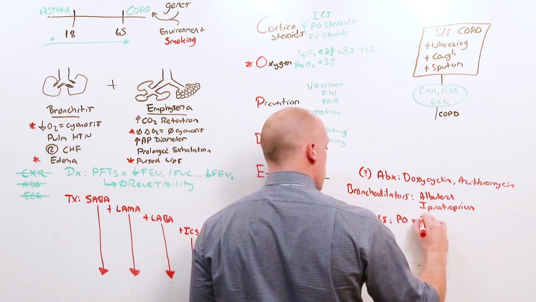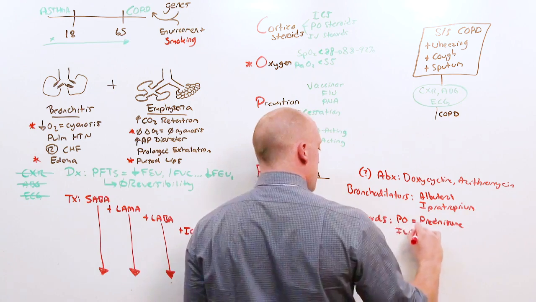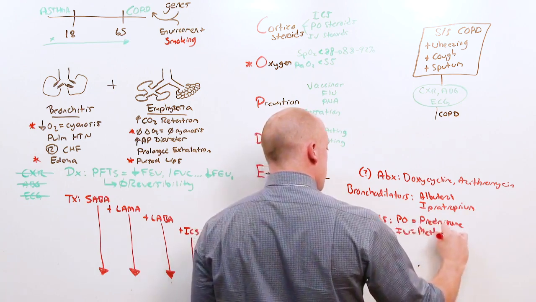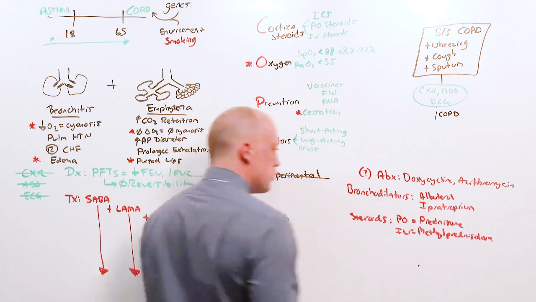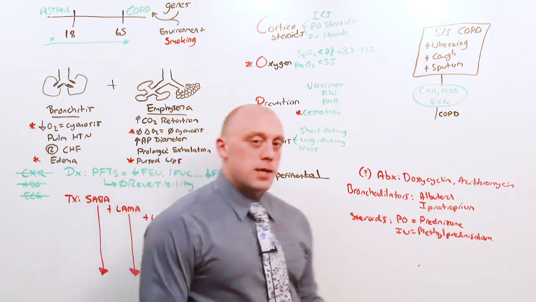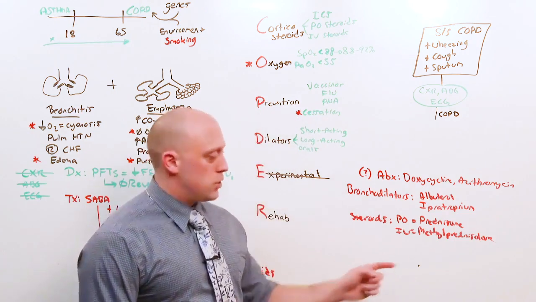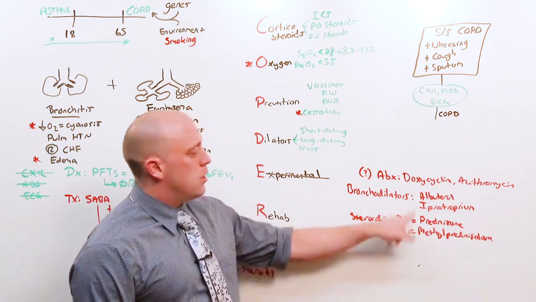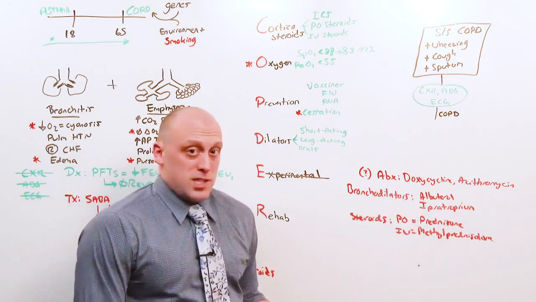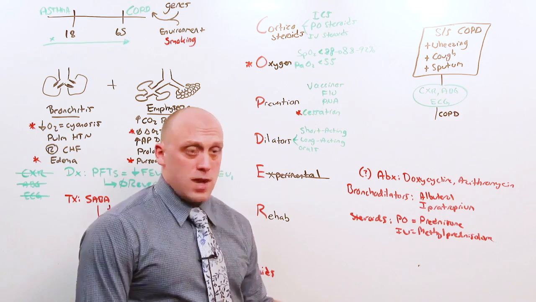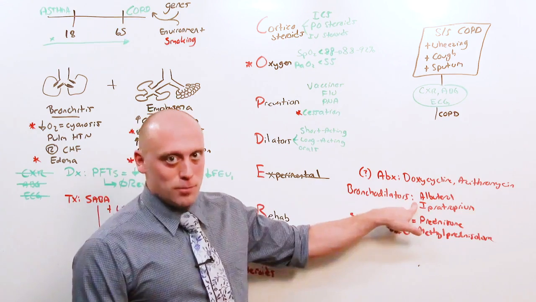PO, which generally means prednisone, or IV, which means methylprednisolone. Which one you pick depends on how severe they are. Someone who's having a very bad COPD exacerbation gets IV methylprednisolone and nebulized albuterol and ipratropium. Someone whose COPD exacerbation isn't that bad, or is sort of tapering off at the end, gets oral prednisone and metered-dose inhalers, albuterol and ipratropium.